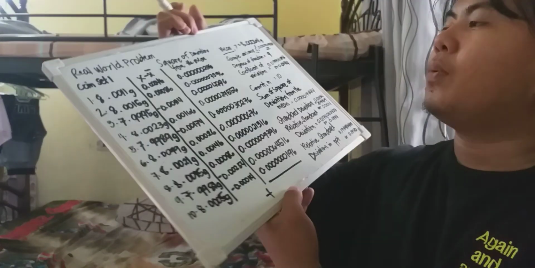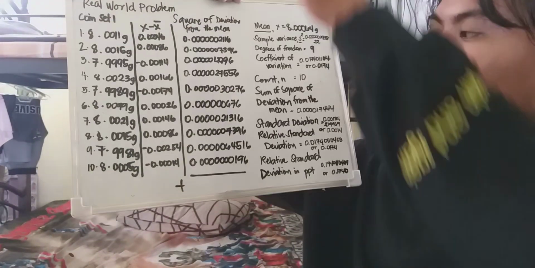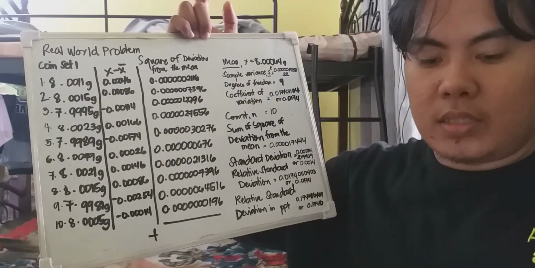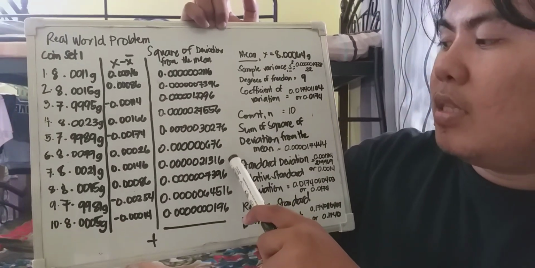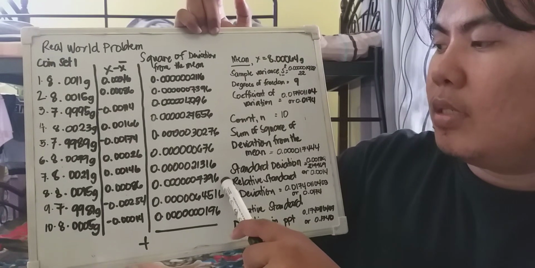So, ayan na. We already have the square of deviations here. Sabi ko kanina, number 6 is 0.0 6 na 0, and then 676. Number 7 is 5 0, and then 21316.